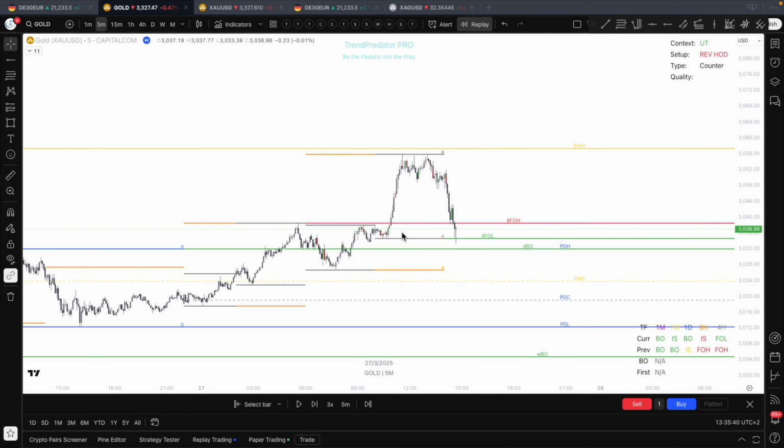So here one more example, gold, 27th of March. You see here again, if we look at the bias, we have a bullish bias here from the day, week and month, all in breakout, so very strong uptrend, and the day is in breakout. So here this is the current day.